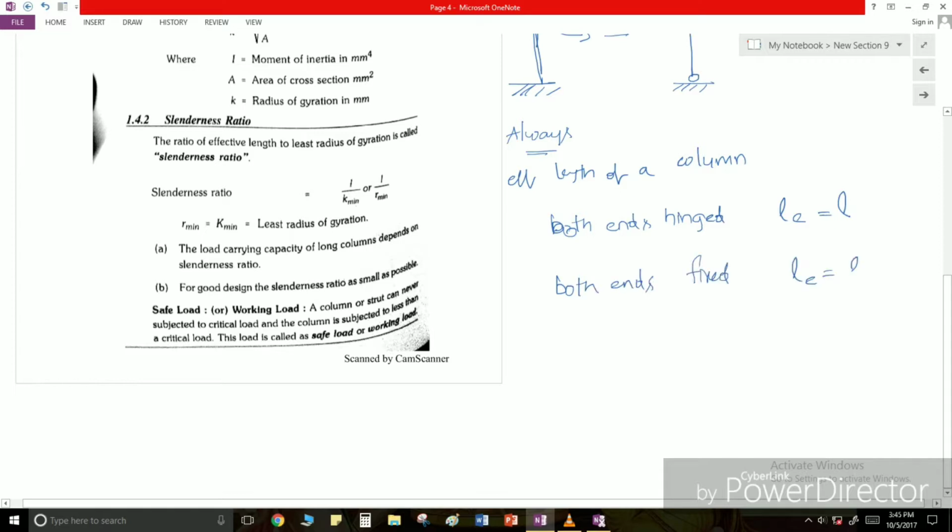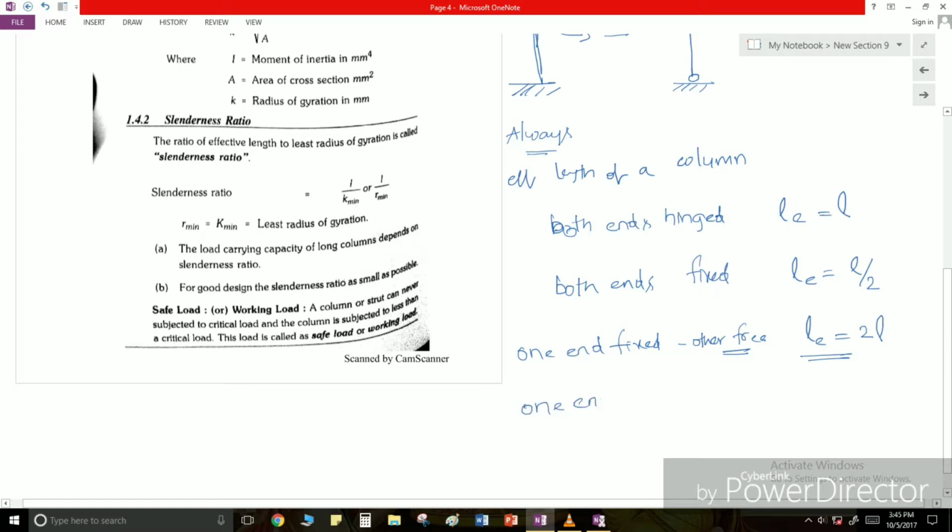Very, very important. If one end is fixed and the other hinged, then the effective length is L by root 2. Very, very important.